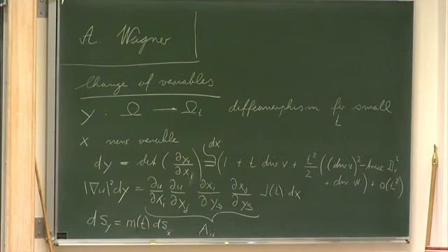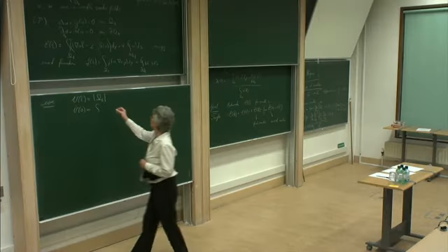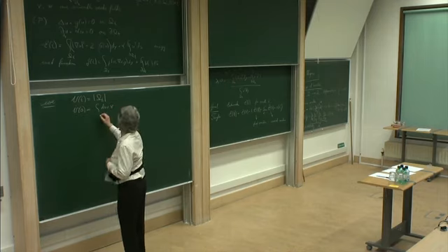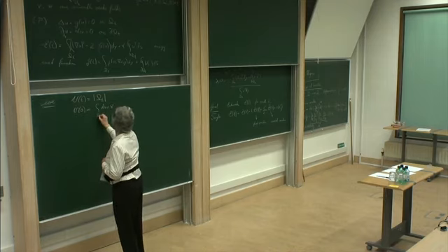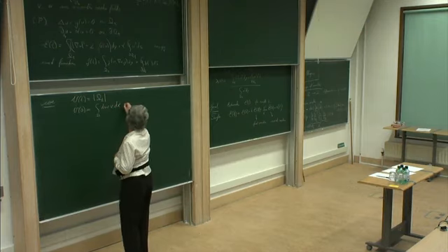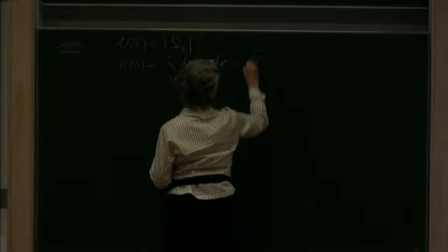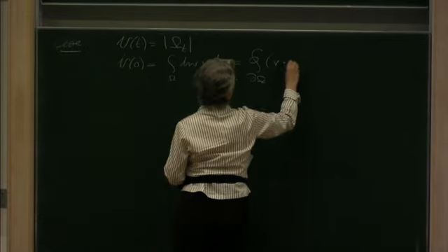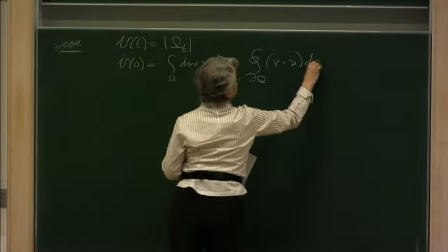So if we plug in, we have the integral of the divergence of v over omega dx, and this is equal to the boundary integral of v times the normal ds.